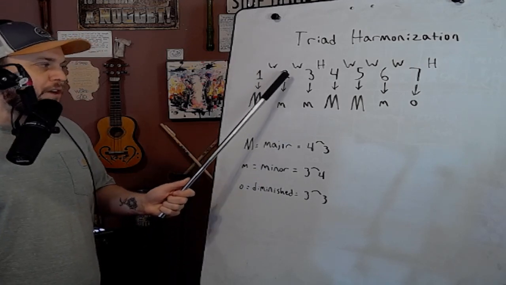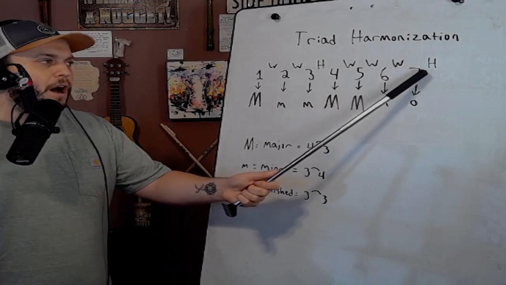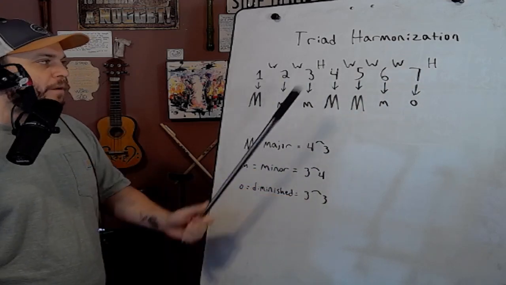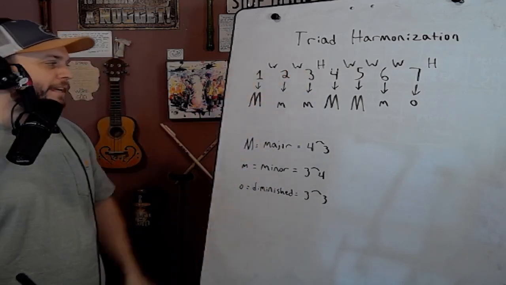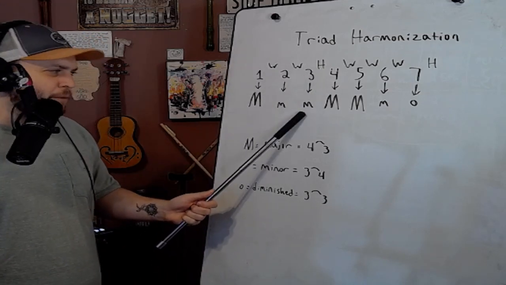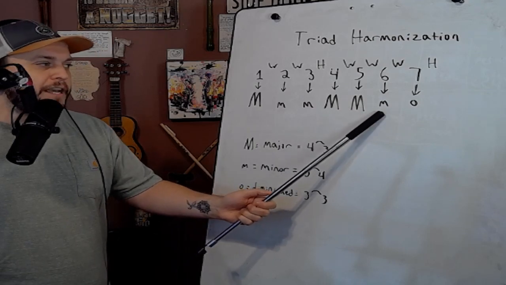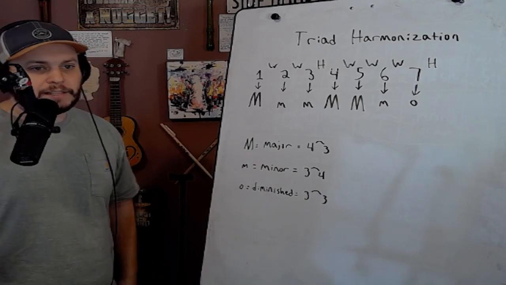And again, when you're trying to find the notes after the 1, you have to use our original scale degree interval system to find which note is going to be correct. I erased a little bit right there. That's okay. Poor 4. It's incomplete now. Anyway, an imperfect 4th. Okay. 3 is minor. 4 is major. 5 is major. 6 is minor. And 7 is diminished, or that degree sign right there.